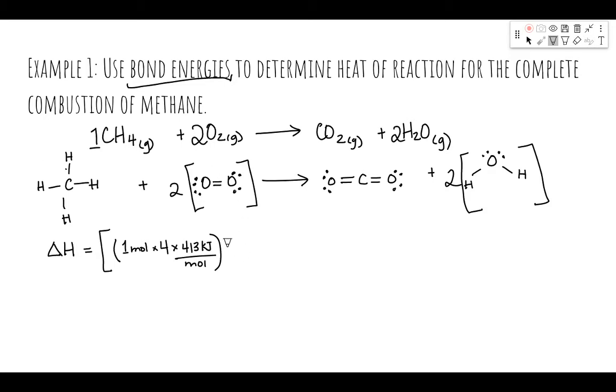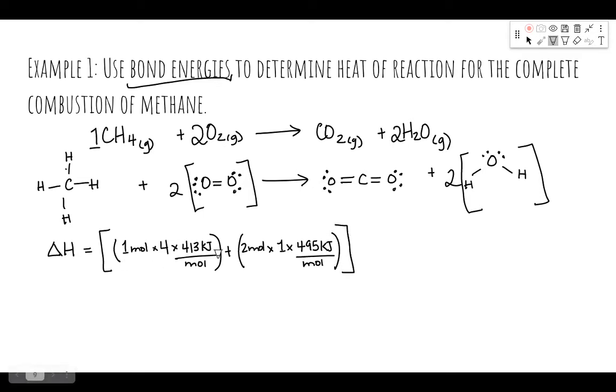Now I'm going to move on to O2. So first of all, coefficient, I know that there are 2 moles of O2, and there's only one double bond here between the 2 oxygens, right? So I'm just going to write the number 1 times, looking at the bond energy for O2, or when 2 oxygens are double bonded to each other, that would be 495 kilojoules per mole.